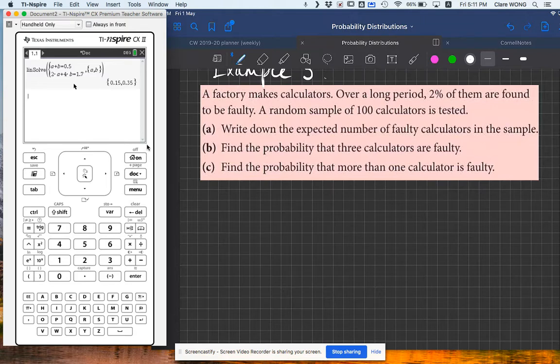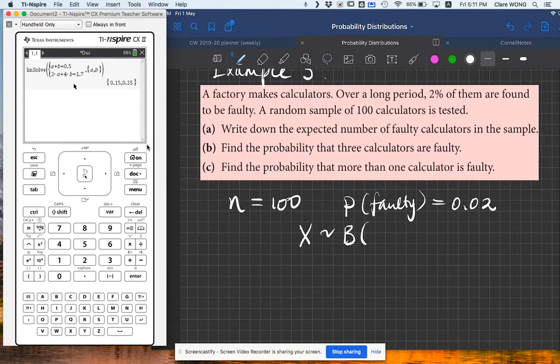We know that n is equal to 100. Probability of success to get a faulty calculator is 0.02. So this is a binomial distribution with these values.